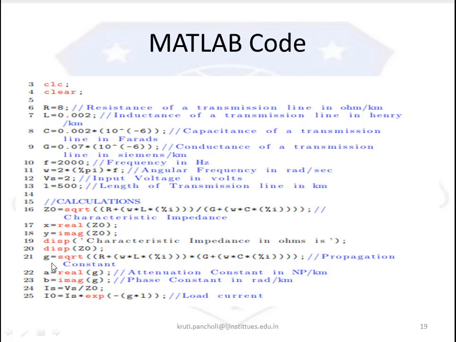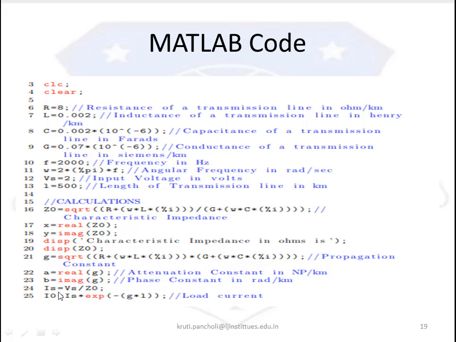Gamma is equal to the square root of Y times Z. We can put the values of Y and Z. Y is G plus j omega C, and Z is R plus j omega L. So gamma is equal to alpha plus j beta. The real part of gamma is the attenuation constant, and the imaginary part of gamma is the phase constant.